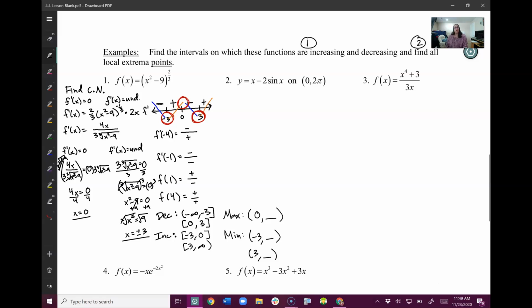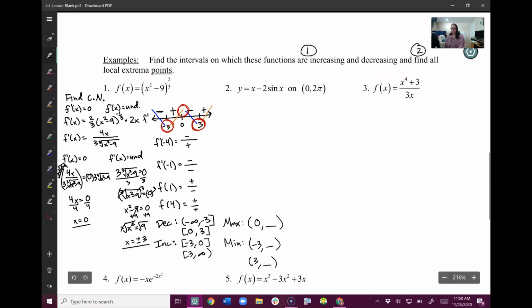Now remember from what we learned in the last lesson, you need to read the instructions carefully. That's why points right here is underlined. If it had just said find all local extrema, then we would just want the y values. So we'd take these x values, plug them into the original to get the y values, and we'd be done. If it said find the x values of all local extrema, then it would be x equals 0, x equals negative 3, and x equals positive 3.